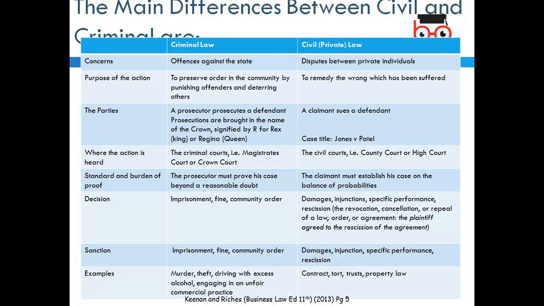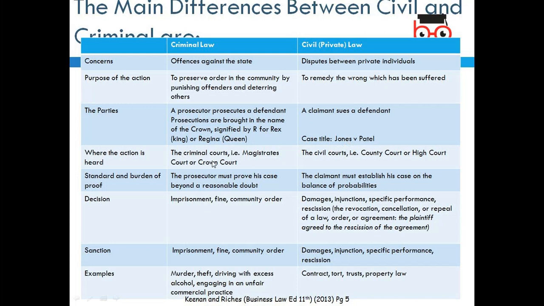The purpose of the action in criminal law is to preserve order in the community by punishing offenders. The civil remedy is to compensate those who have suffered. The parties are the prosecutor and a defendant, normally between state and individual, while civil law is between individuals.